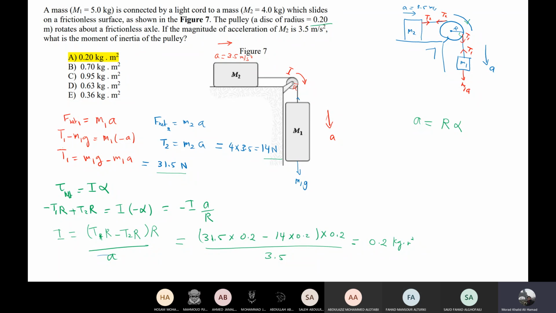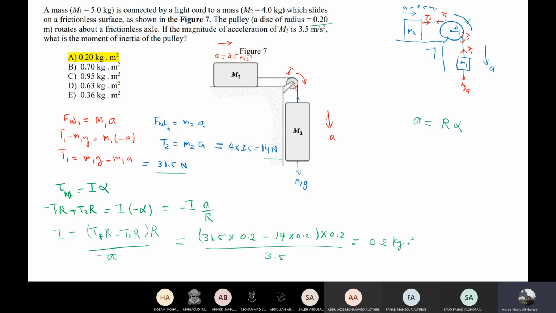This is exactly chapter 5. However, here the body is not massless. It has mass. It has rotation. What's important in the body? Instead of saying F equals ma, we say tau is equal to I alpha, and alpha is equal to A over R. Here they gave me I directly.